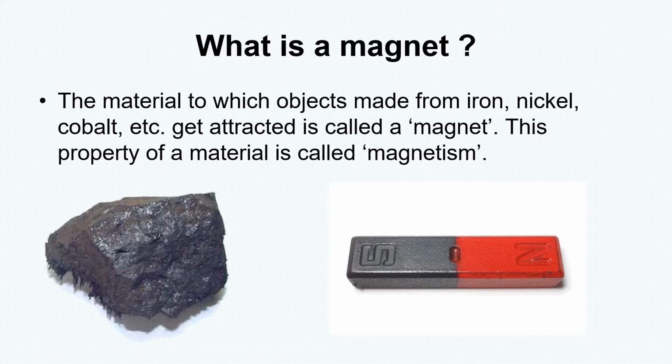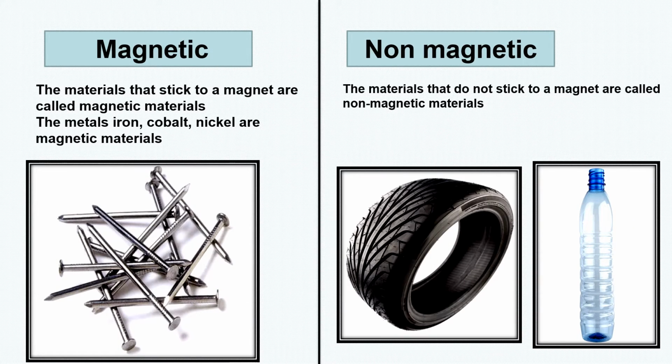Okay, so remember this. Which materials does a magnet stick to? Iron, nickel, cobalt. There are certain materials that can stick to a magnet, and those are called magnetic materials. Some materials that do not stick to a magnet are called non-magnetic materials. Magnetic material examples are iron, cobalt, nickel.